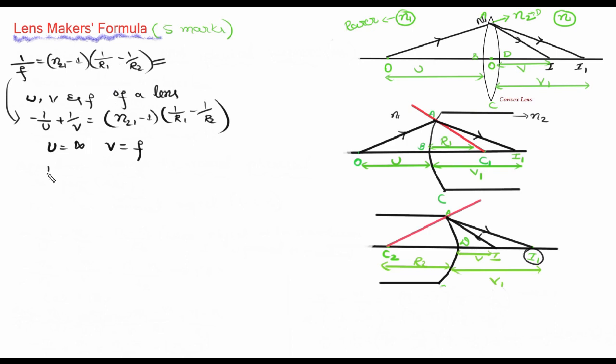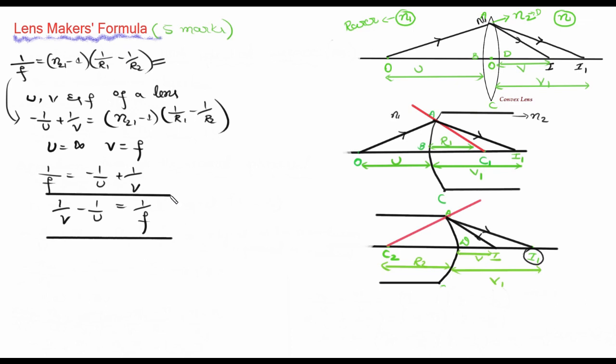So we can write 1 by f is equal to minus 1 by u plus 1 by v, or you can also write this equation as 1 by v minus 1 by u is equal to 1 divided by f. So this is the relationship between u, v and f of a lens. I hope you remember the u, v, f relationship in a mirror. There it is positive.